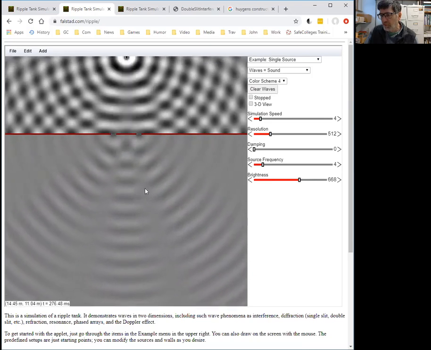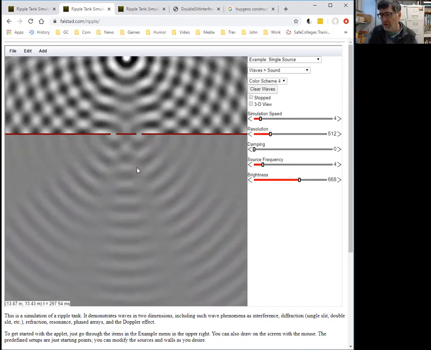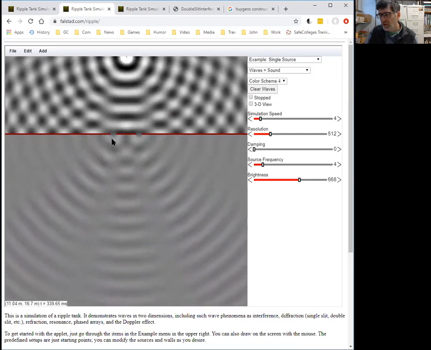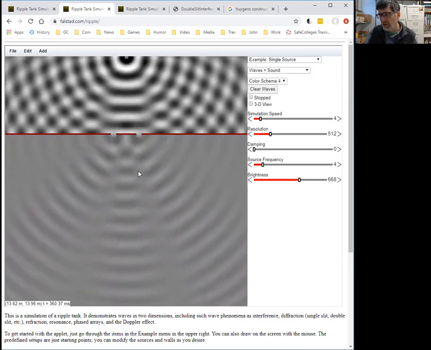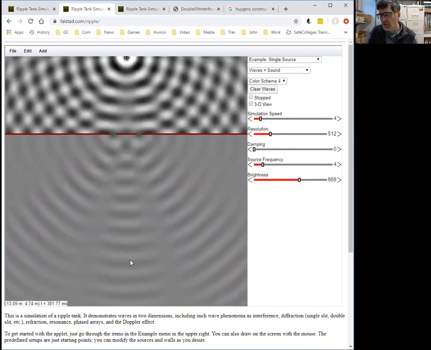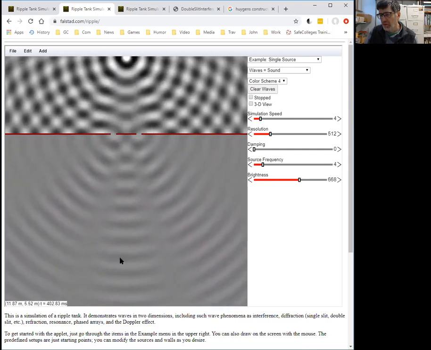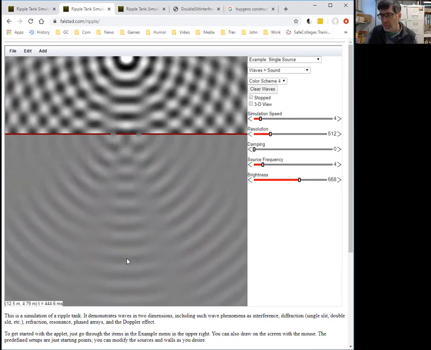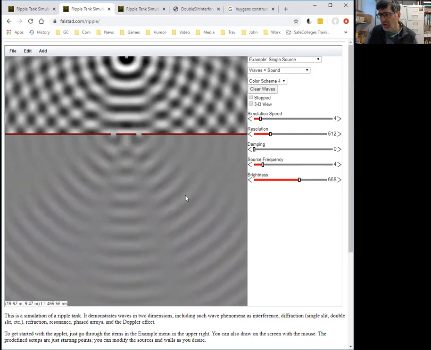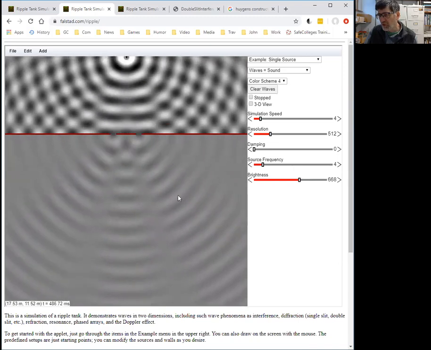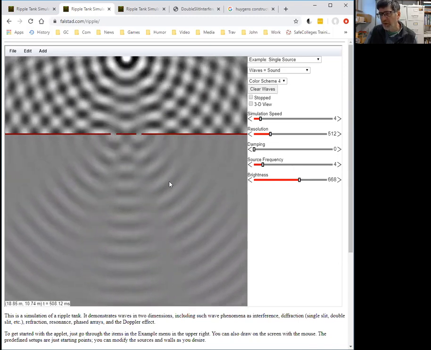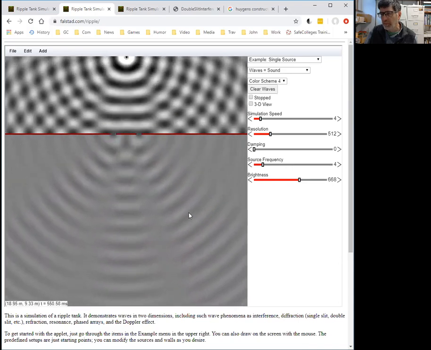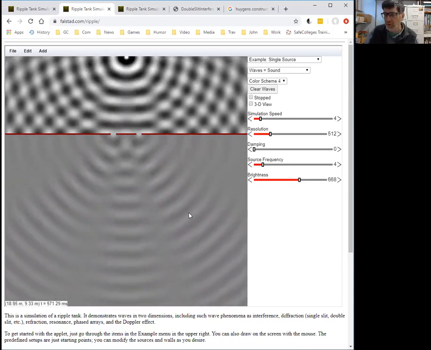So there seems to be some cancellation happening right along this particular direction. It's as if the contributions from these two slits are canceling each other out, whereas in the straightforward direction, they must be reinforcing or interfering constructively. Out here again, they seem to interfere constructively. So when you get to a large enough angle, apparently the two waves are back in phase again. And that's going to be the key to understanding what's going on here.